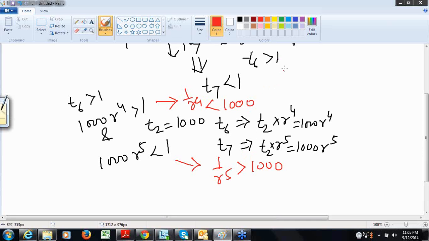Now 1 by r has been given as equal to n, that was given in the equation. So it becomes what? N to the power 4 is less than 1000, and this becomes what? N to the power 5 is greater than 1000. Everybody is clear till now?